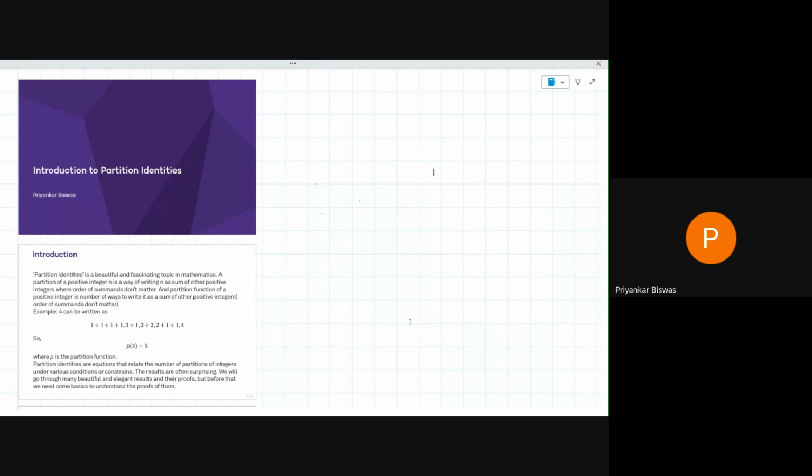In the example, we can write 4 as 1 plus 1 plus 1 plus 1, 3 plus 1, 2 plus 2, 2 plus 1 plus 1, or 4. These are the only possible ways we can partition 4, so the partition number of 4 is 5. But in today's topic, we will discuss partitions given different types of conditions, like partitions of an integer into an odd number of distinct parts.